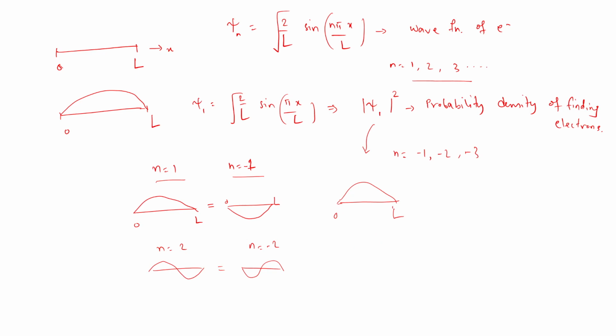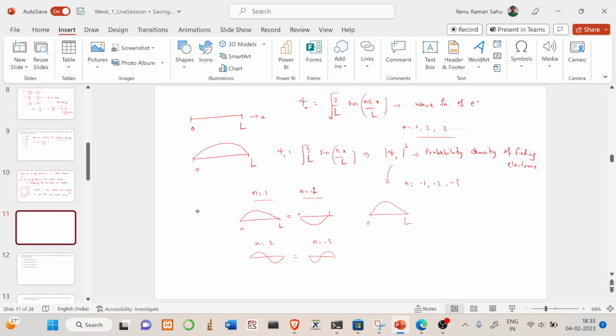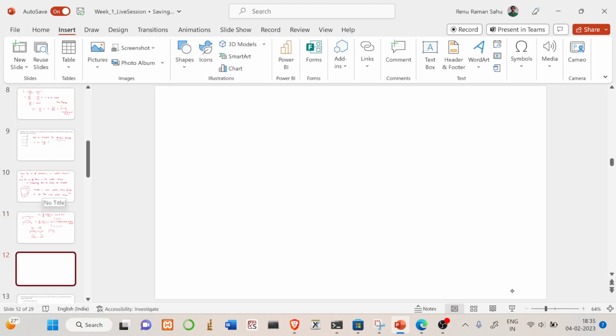There is a technique to count the number of states which is quite easily visualizable. So let us consider 0 to L. For example, the lowest energy state will be this. Here you see this is half the wavelength of the electron wave function, so L is equal to lambda by 2.